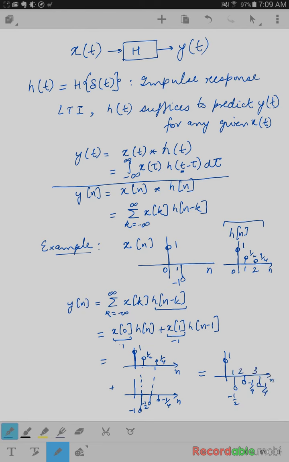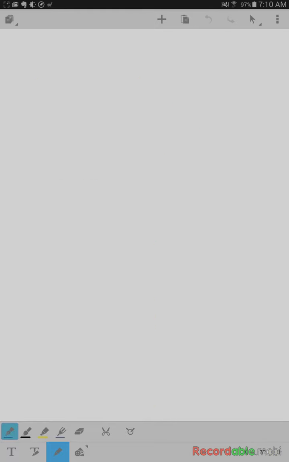So simple enough, right? And now I want to show another way of evaluating this summation, which is called the flip and drag method. The flip and drag method is most useful when you're talking about continuous time convolutions.